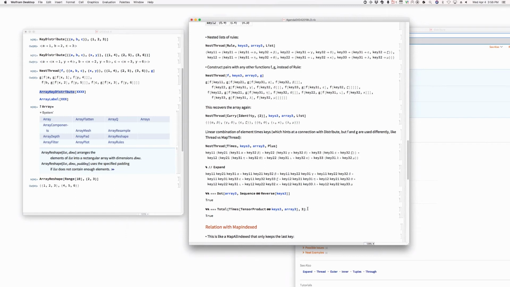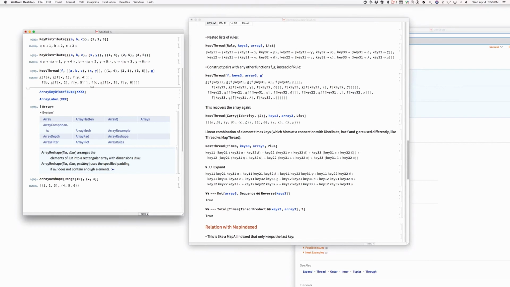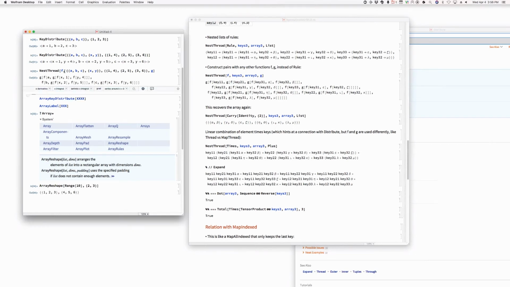Wait a minute, if f and g are times and plus. Right, because those are the defaults for distribute. No, I understand. So you're claiming that this operation here is like times and plus. Yes, f and g are in many places functions with defaults times and plus respectively. We are always having f when we have times as the main function.